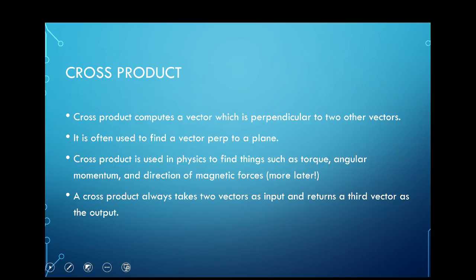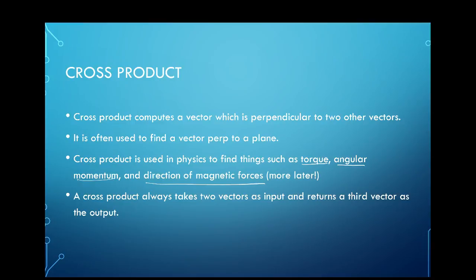The cross product gives us a vector which is perpendicular to two other vectors. It's often used in math and also in physics to find a vector which is perpendicular to a plane. So we use it to find things such as torque, angular momentum, and the direction of magnetic forces.